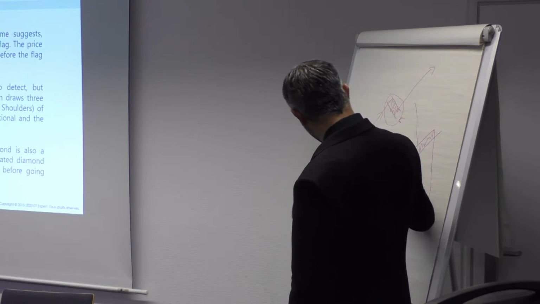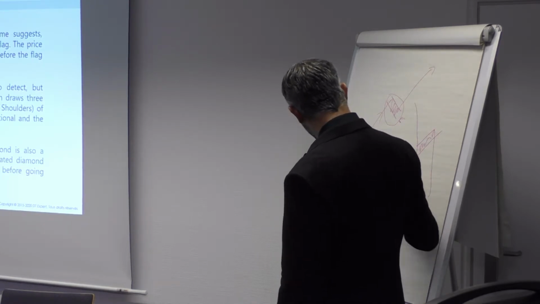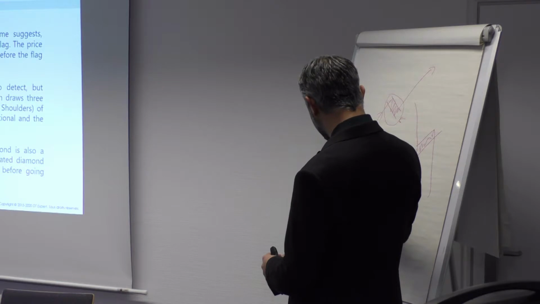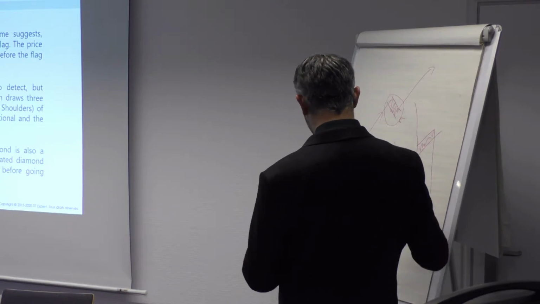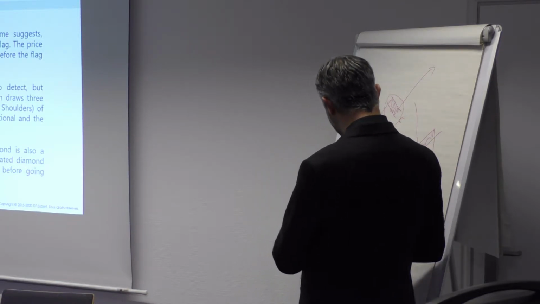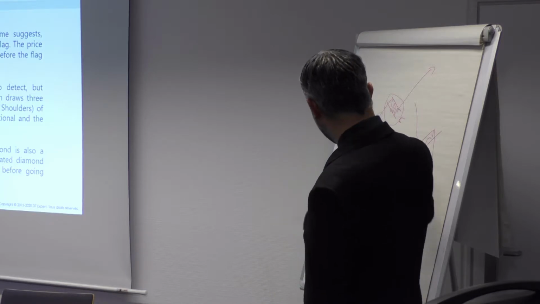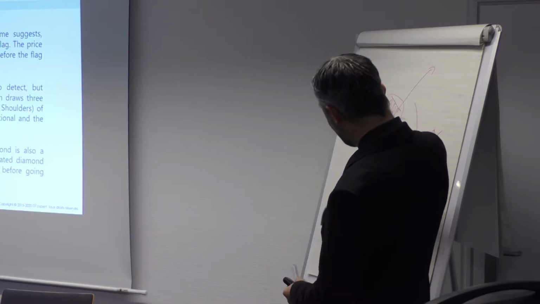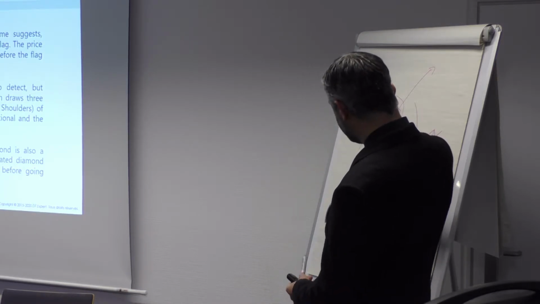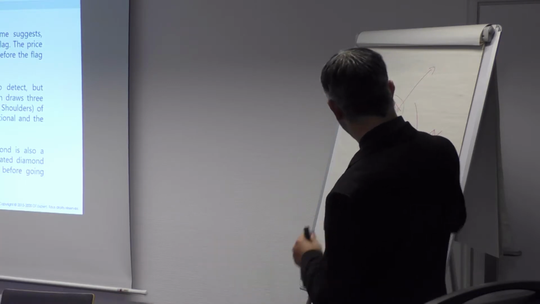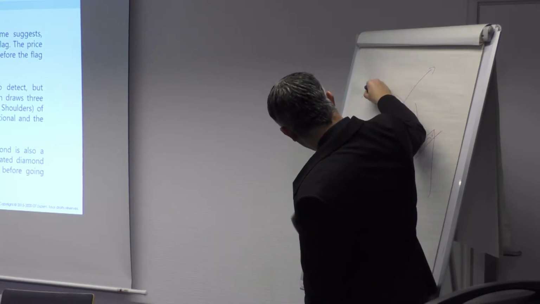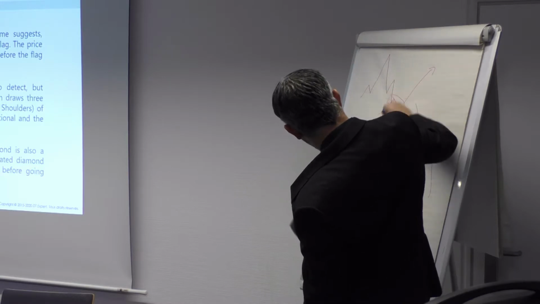And you have one head and then two shoulders, okay? There are some rules to respect for this kind of pattern. Three major rules. The first rule is that you must have a relation between head and shoulders that's not too disproportionate. For example, you can't have a head and shoulders like this, okay?